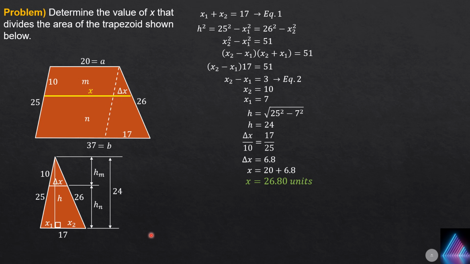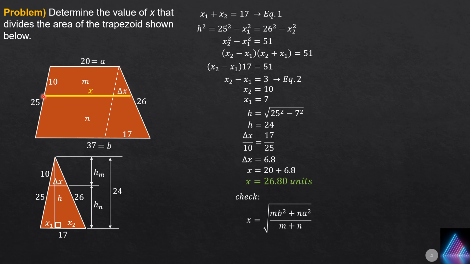X is equal to square root of quantity mb square plus na square all over m plus n. So to check, x is square root of mb square plus na square over m plus n. Now, M is the area of this trapezoid, which is equal to the area of this parallelogram plus area of this triangle.